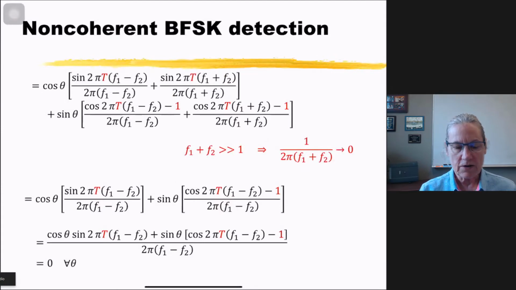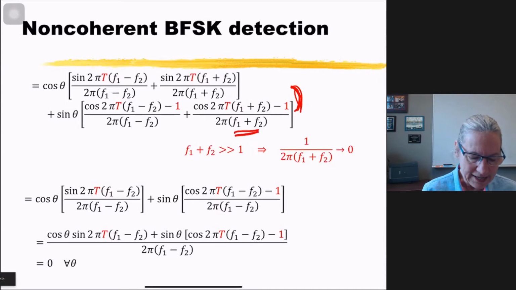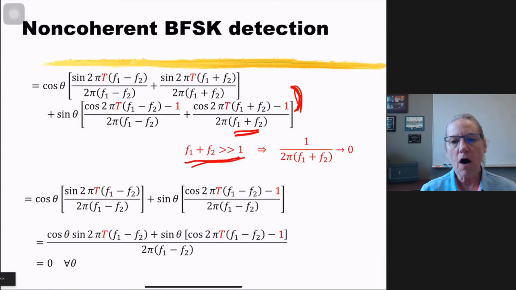So we go on now. I just repeated those equations here so we would have them again. The first thing I notice is that when I look at the double frequency term, or the sum of the two frequencies, I know that this is going to be much, much greater than 1. So for all practical purposes, these terms divided by the double frequency are going to 0 compared to the other terms.